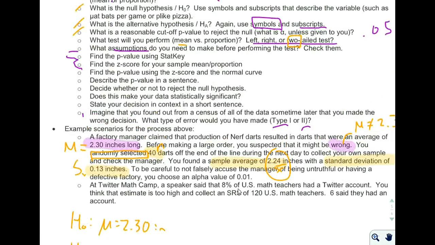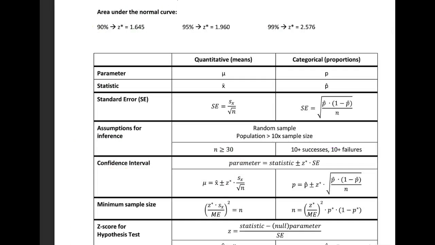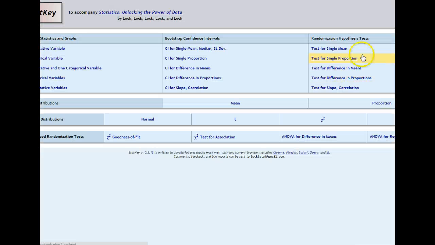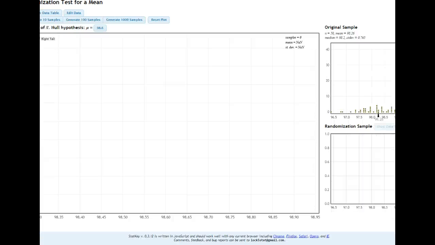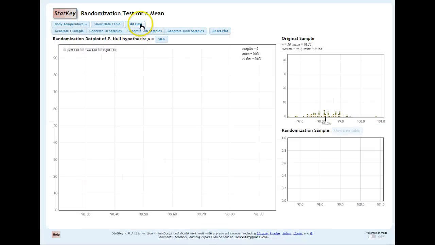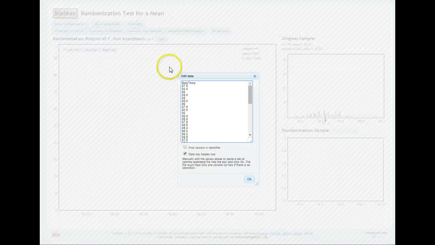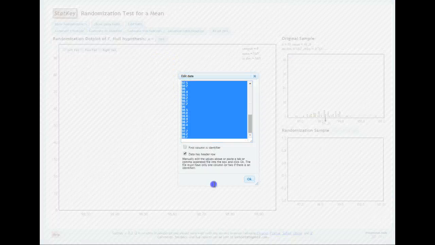Continuing on, find the p-value using StatKey. If we pull up StatKey here, we are going to be looking at a test of the mean. So a hypothesis test for a single mean. If I gave you a list of numbers, we would edit the data and we would type in the list of numbers that we were given.